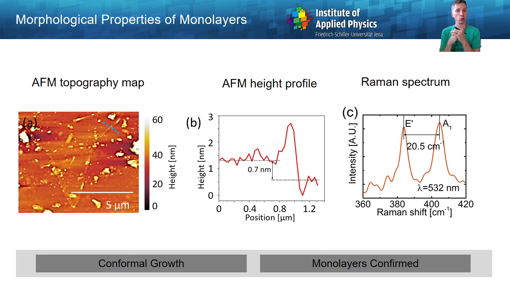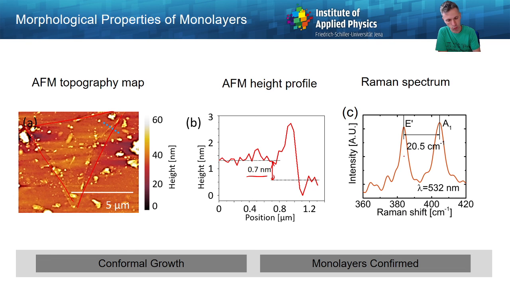Now after you've done the growth, first of all we need to make sure that this material is of sufficiently good quality and that we actually have grown monolayers. So you can do AFM or Raman scans. The important part is that from these triangular crystals here, you can measure a height of 0.7 nanometers, which is just what you would expect for such a monolayer.